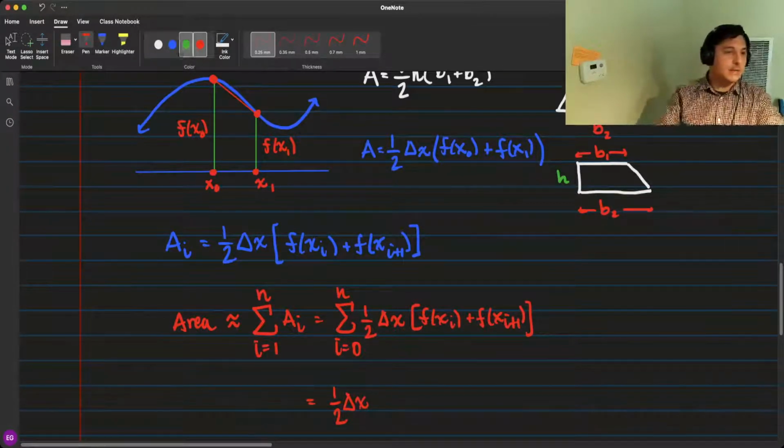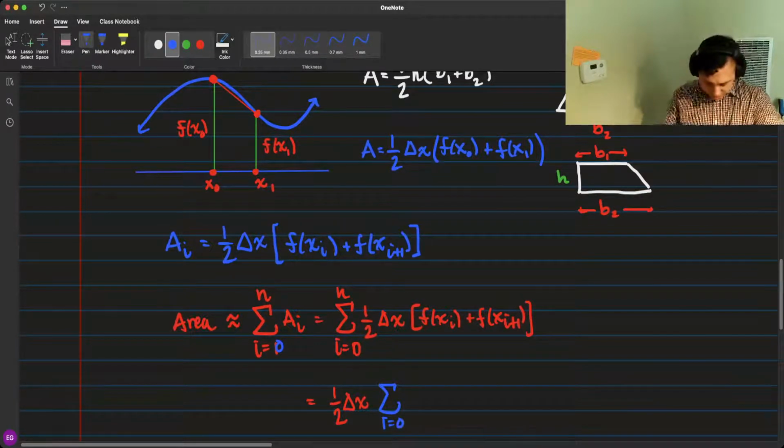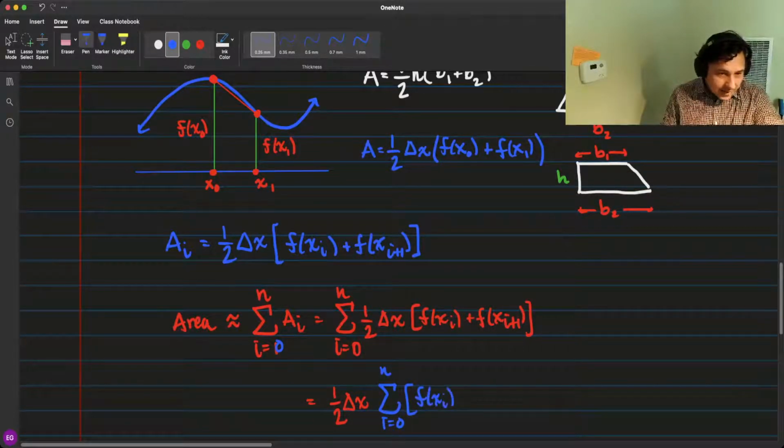So you get that this is 1/2 delta x times the sum, where i will start at 0 and end at n, of f of x_i plus f of x_(i+1).